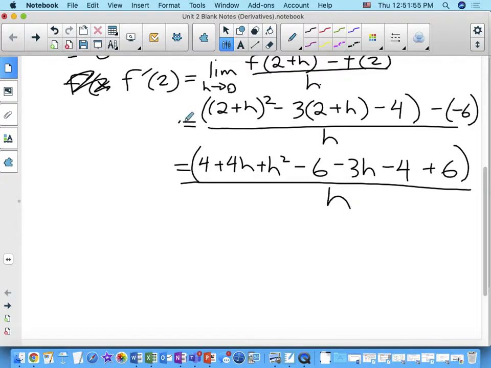Oh, I dropped the limit. I don't want to do that. Limit as h approaches 0, sorry, equals the limit as h approaches 0. There we go. That's better.